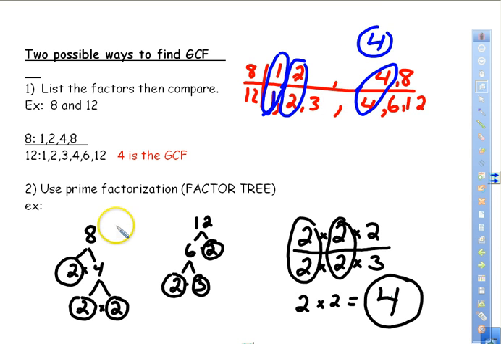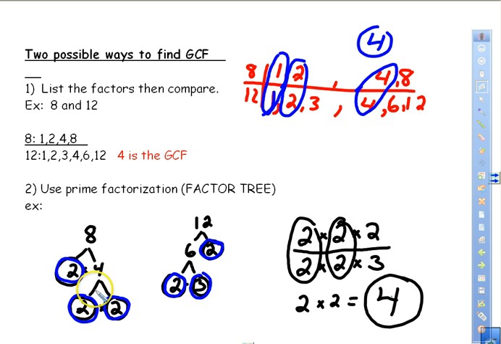Now the other way is by using prime factorization, and that's using the factor tree. So you simply do the factor tree, which in this case for 8 would be 2 times 4, circle the 2 because it's prime, and then 2 times 2 gives me 4, and they're both prime. Then for 12, use 6 times 2, 2 is prime. 2 times 3 for the factors of 6, and they are both prime.